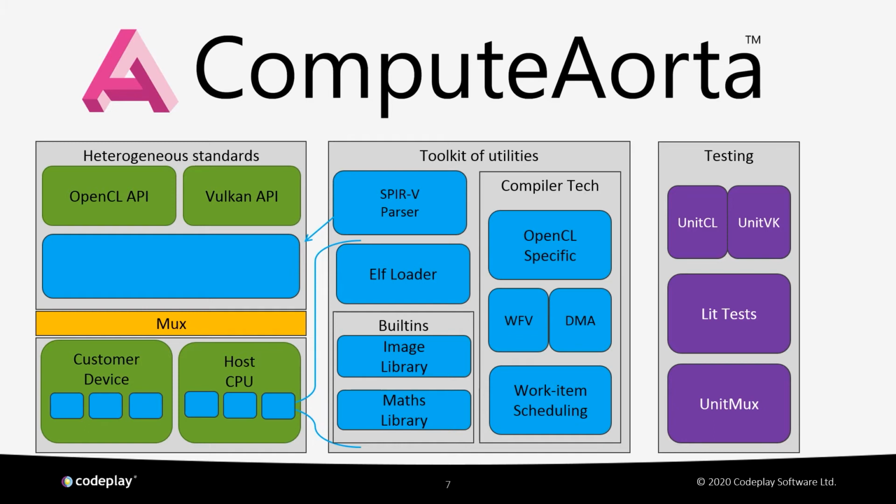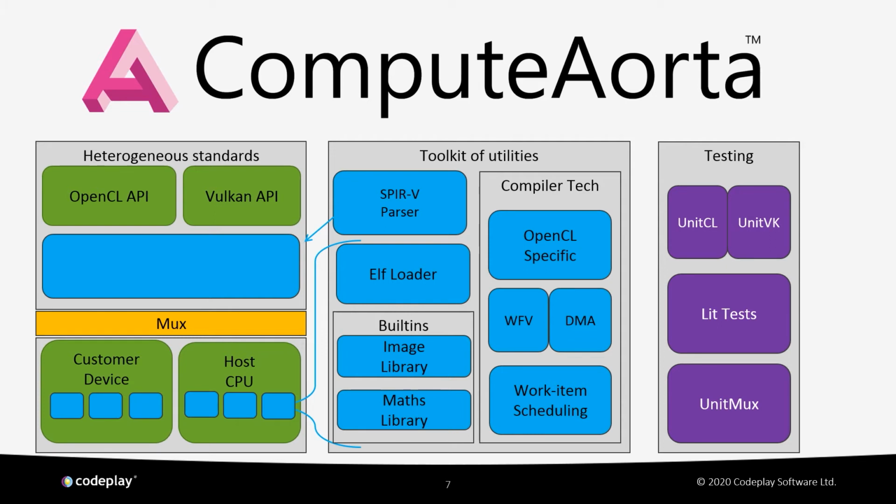These are written on top of the MUX API that will be described later on. And then we have multiple implementations of the MUX API. So we have the reference host CPU implementation that will be covered later. And of course, each customer project has their own custom device implementation of MUX.